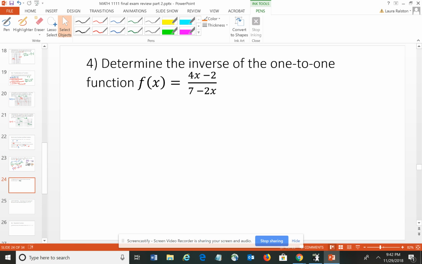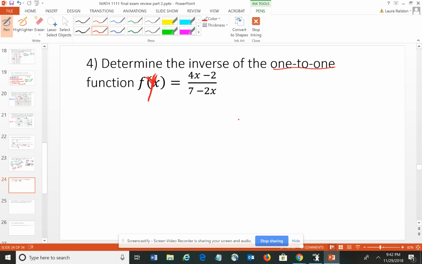Number 4 is, again, it says determine the inverse of the one-to-one function. Again, it's important to note that they're telling you this is a one-to-one function. That way we know the inverse actually exists. Also remember that f of x and y here are the same thing.